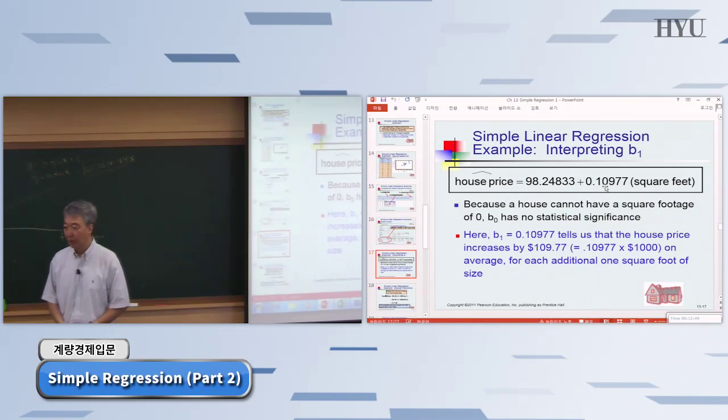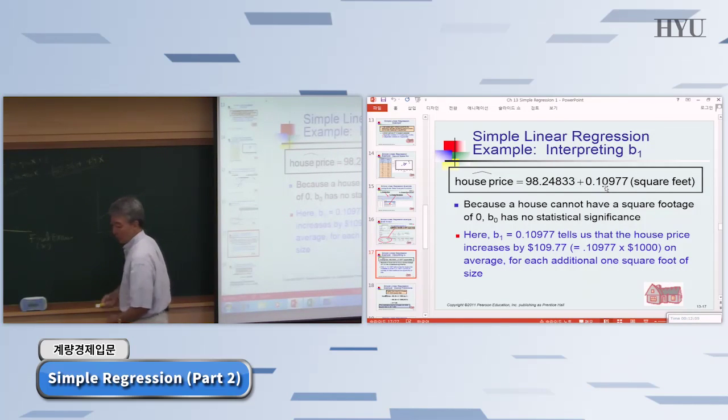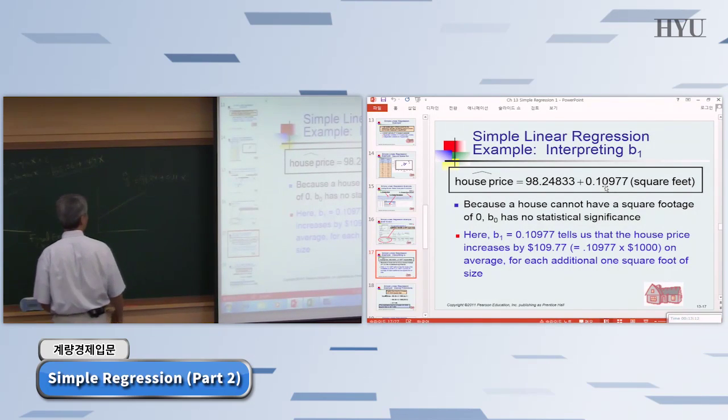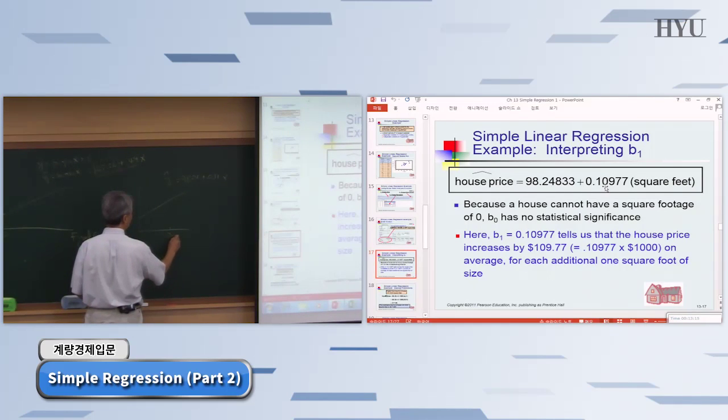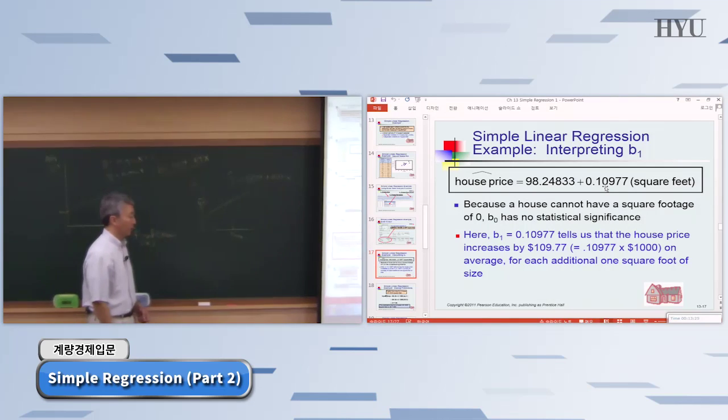What will be the market price? That's the idea. So when we have the equation 98.24 plus 0.11x, if you have 2,000 square feet, what will be the price?